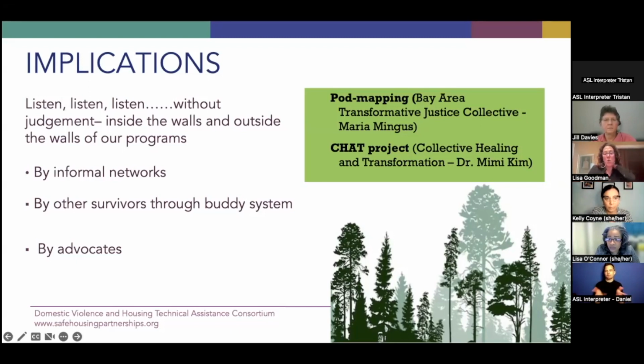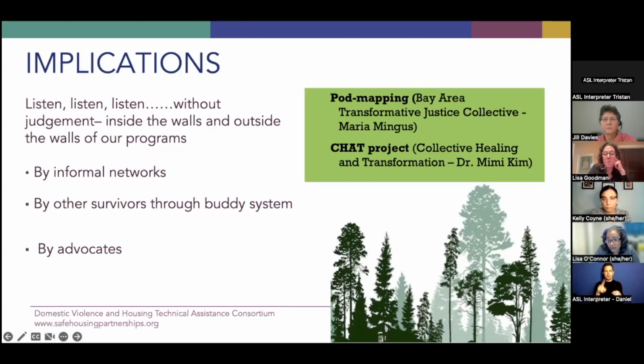They talked about wanting some sort of a buddy approach where DV programs could help two survivors connect with each other and start to develop mutual trust so that they could be there for each other in moments of crisis. And I want to just call out a few amazing programs that are doing things like this. One is the Bay Area Transformative Justice Collective with disability activist Mia Mingus, who does pod mapping.